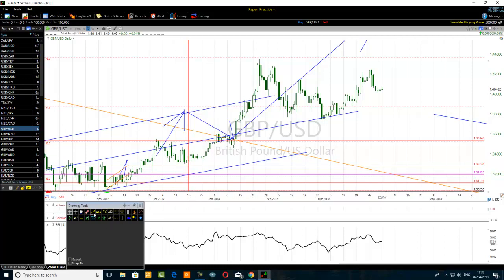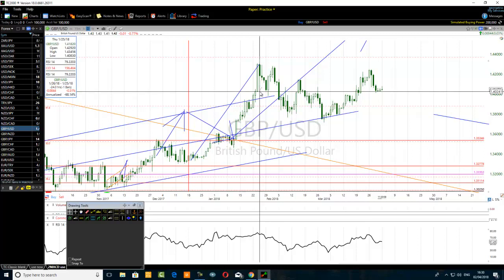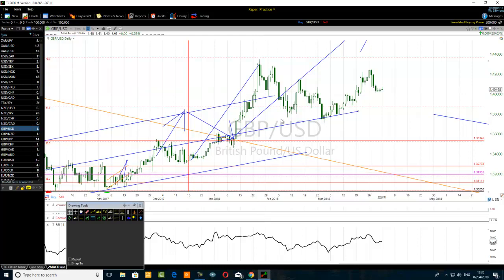What the British pound US dollar was doing, it was going up, just up to which date? We can see that up to the 25th of January, so almost to the end of February. If I put another vertical line, the euro pushed a bit higher, but you can see that February is here.